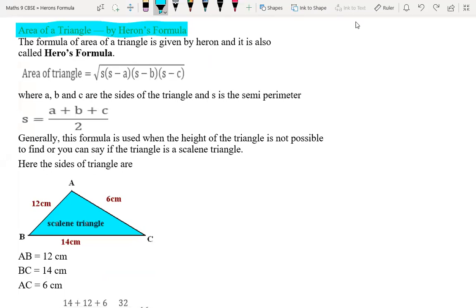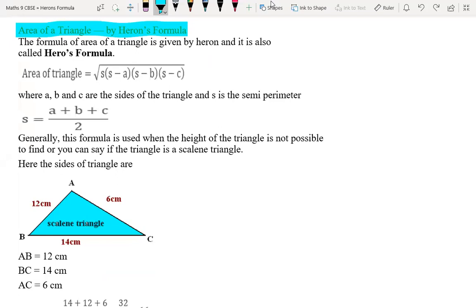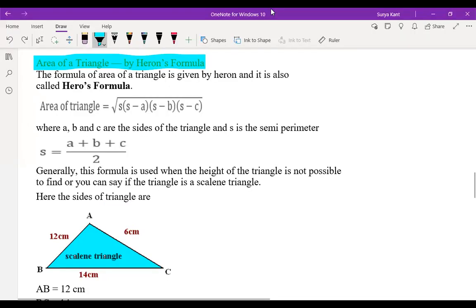So should we memorize this formula? Yeah. S into S minus A, S minus B, S minus C. Without memorizing this formula, you can't use it.